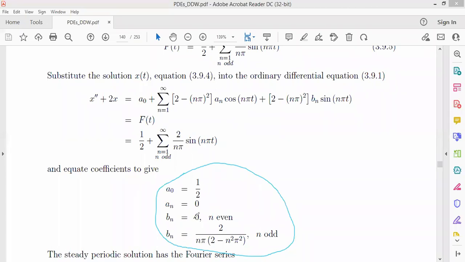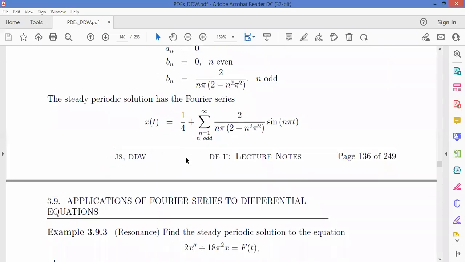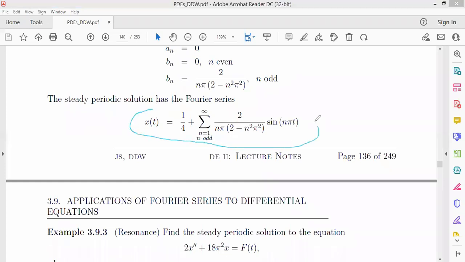Bn is 0 for any even n, and it is this term for any odd n. So the simplification is specific to n being an odd value. And with that, you end up with this statement here. So this is our final answer, guys.